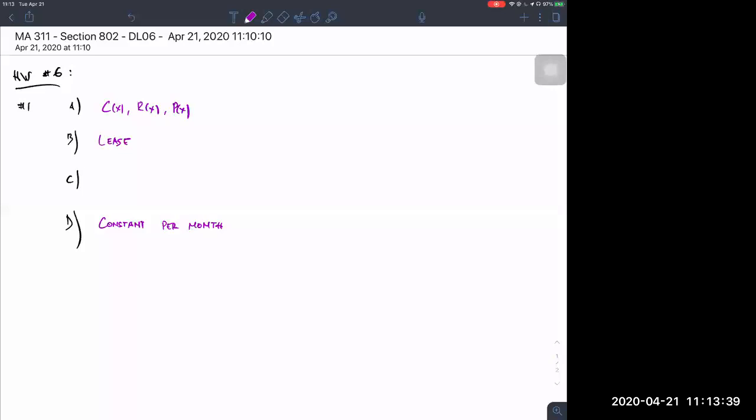Okay, and then C, here we go. So this one, it says that it's compound weekly, and you know that it's going to use a compound period. Now it's just a matter of whether it's this one or this one, future value.